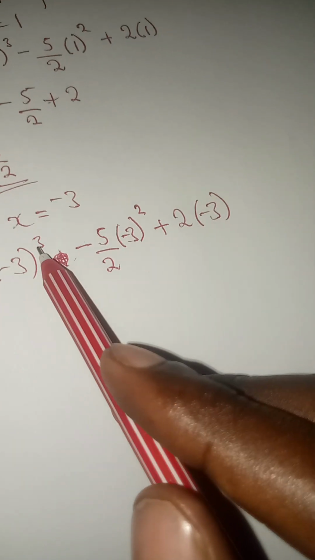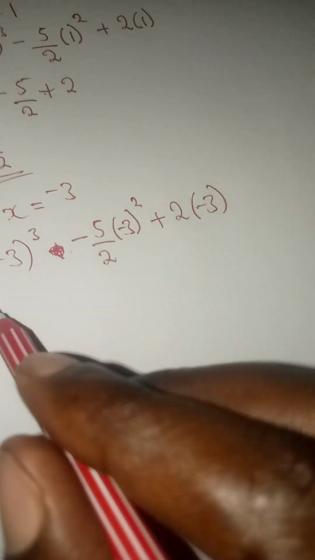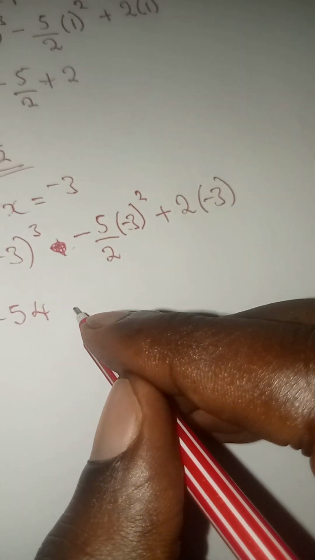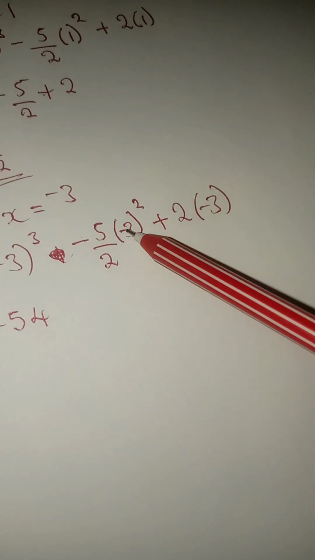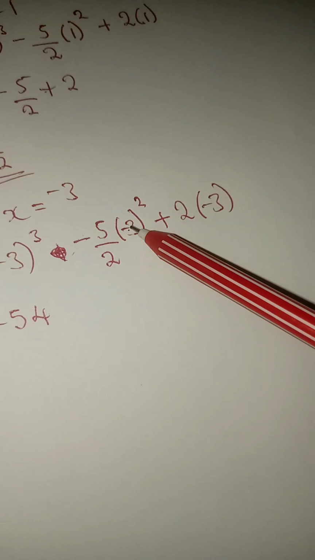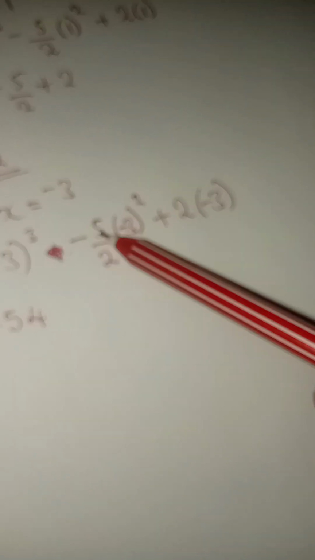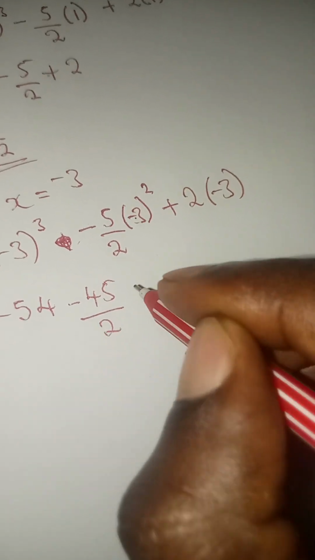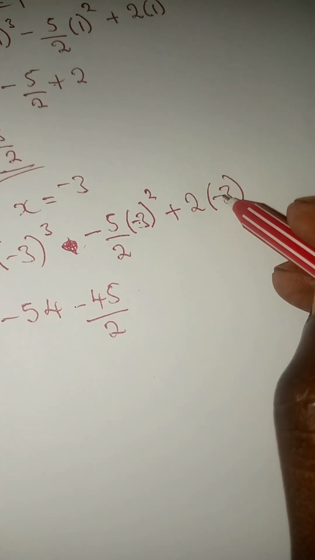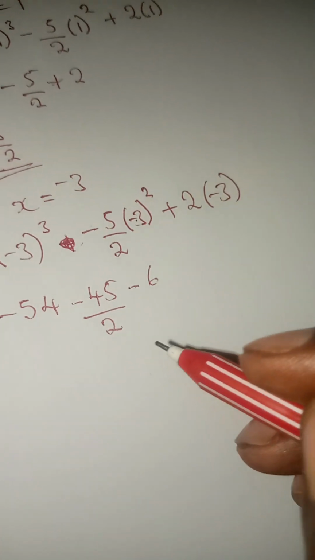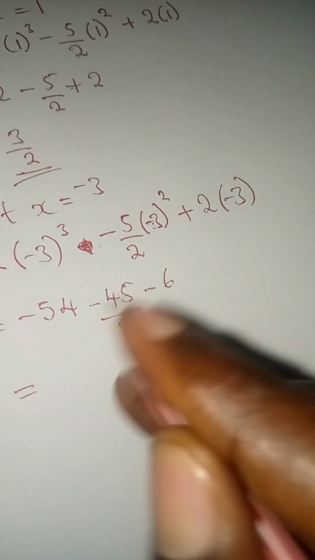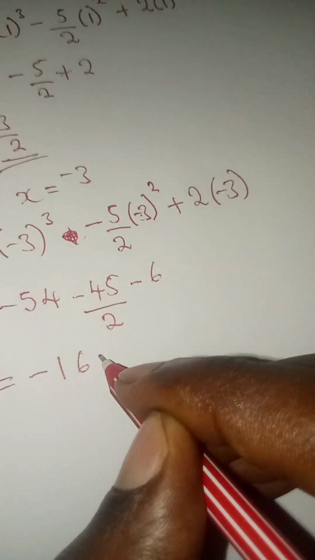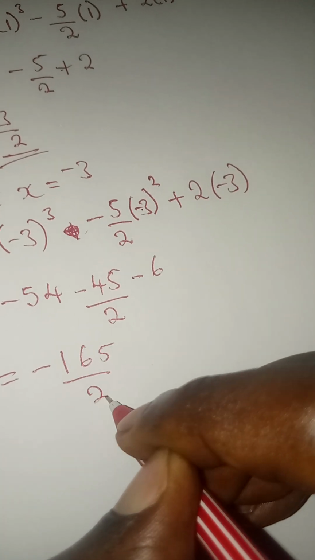Negative 27 times 2 gives negative 54. Then negative 3 squared is 9, and 9 times 5 gives negative 45 over 2. Then 2 times negative 3 is negative 6. When you do your mathematics, you find negative 165 over 2.